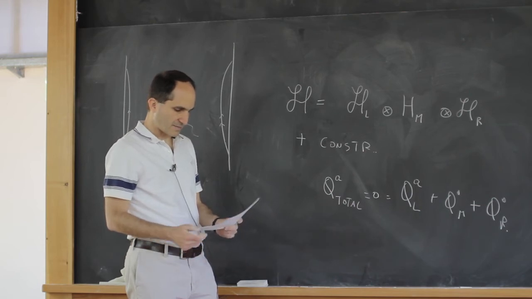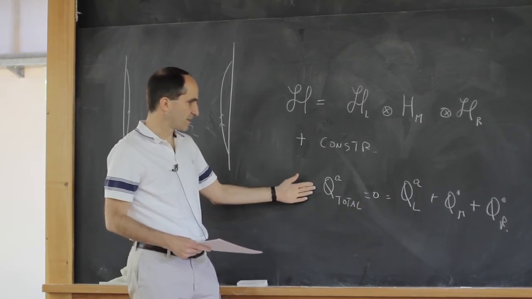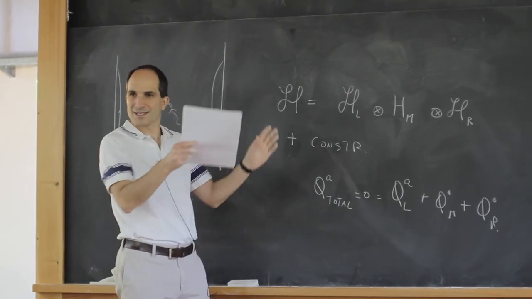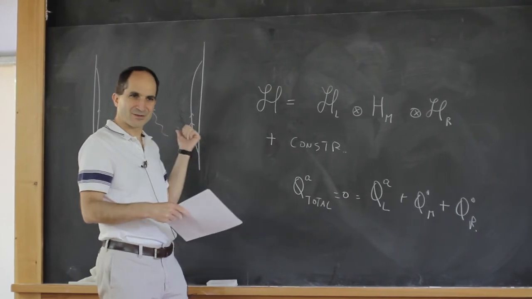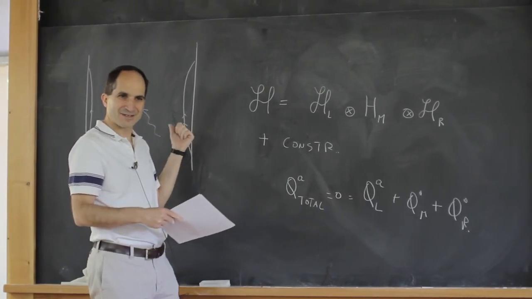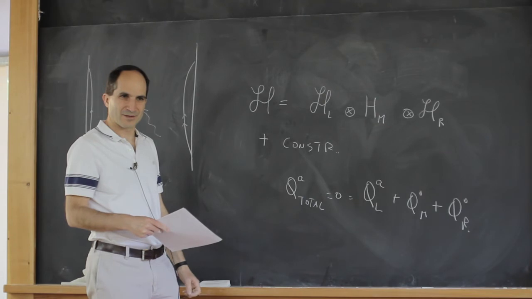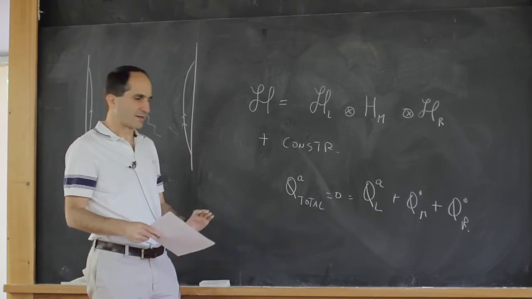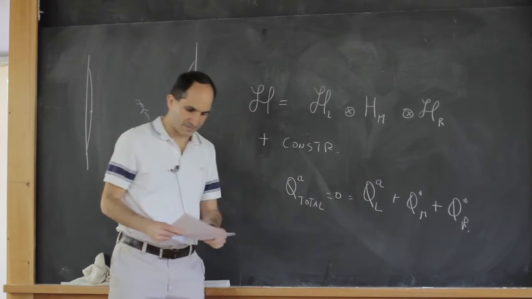It's a gauge symmetry in the sense that we set it to 0. It's not local in the interior; it's like a global symmetry in the sense that the generators do not depend on the position. We don't have one generator per point in spacetime, just single generators for the whole spacetime.